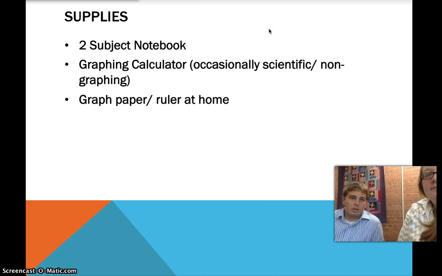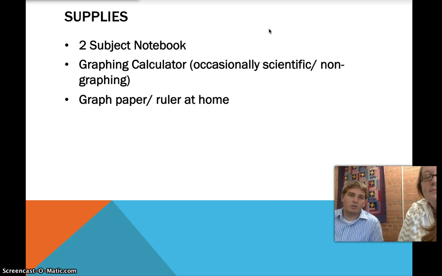So every day for advanced algebra, we want students to have a 2-subject notebook at least, so that they can have one section devoted to taking notes and one section for their homework. So then at the end of the class, they'll have a nice collection of what was covered in this course. They should have a graphing calculator. Occasionally we will have tests where we only allow scientific or non-graphing calculators.